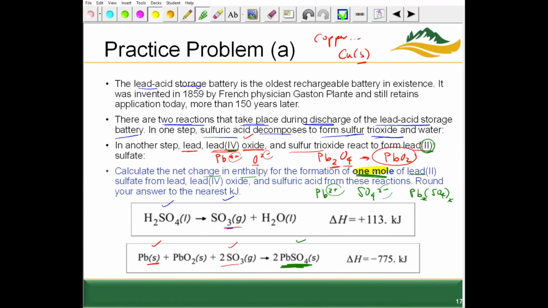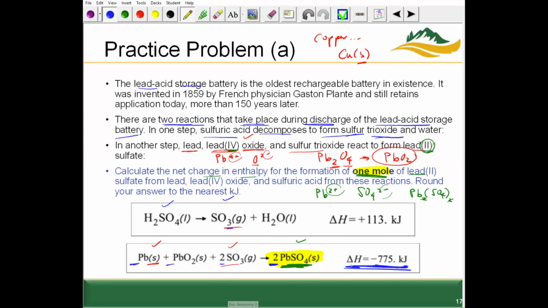So we want 1 mole of lead 2 sulfate. In this balanced chemical reaction, we should note that this molar coefficient right now is 2, but we'll deal with that as we're solving the problem. And also as a reminder from part 3, this delta H here for the reaction could be read as negative 775 kilojoules for every 2 moles of lead 2 sulfate, or then for every 1 mole of lead metal.